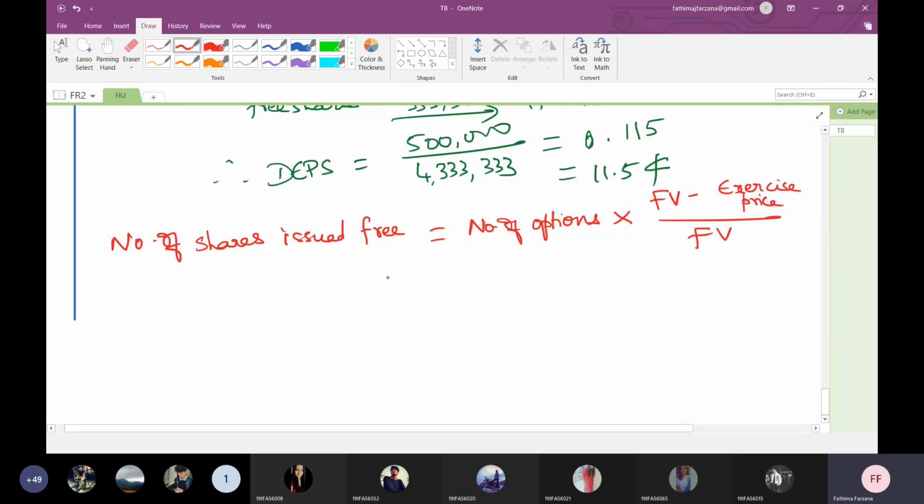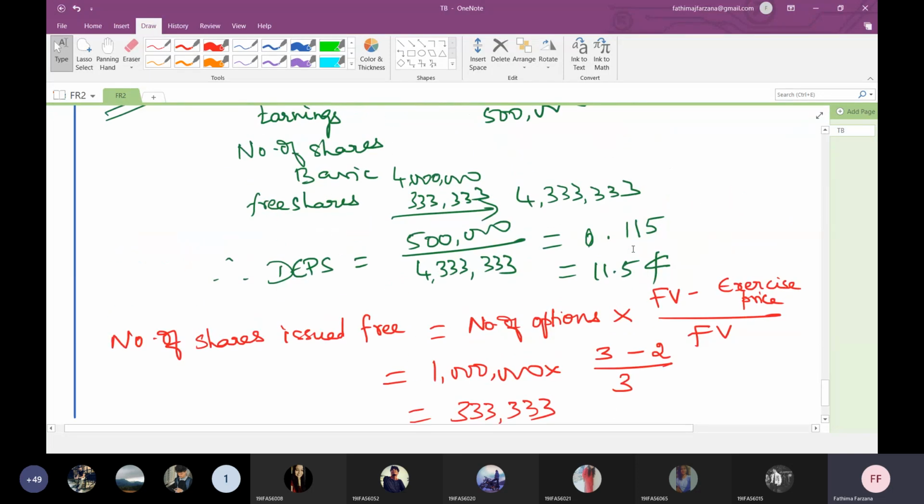In this problem, you know it is 1 million options into fair value of $3 minus exercise price, that is option price, of $2, divided by 3. Then also you will get the same value, that is 333,333. But here you have to remember the formula. There you need not remember the formula.